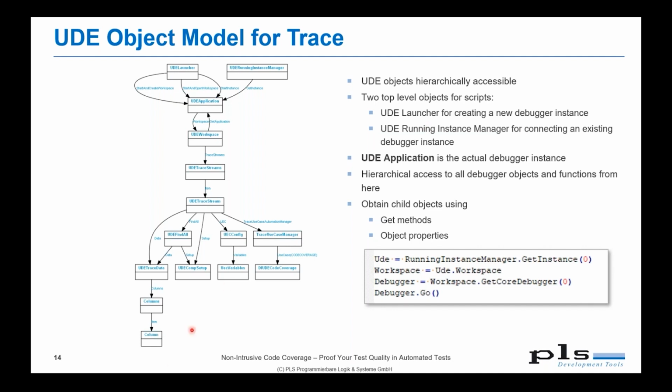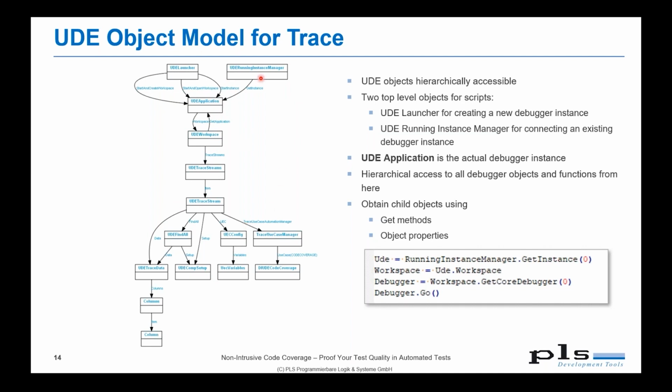And if you look at this picture here on the left side, you see that this is a hierarchy of objects. So we start every time at some topmost objects, and each object provides properties or functions that allows you to obtain the lower level objects in such a hierarchy here.